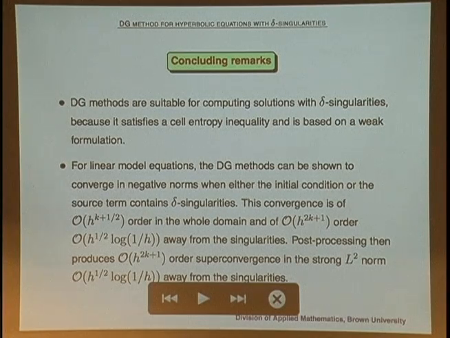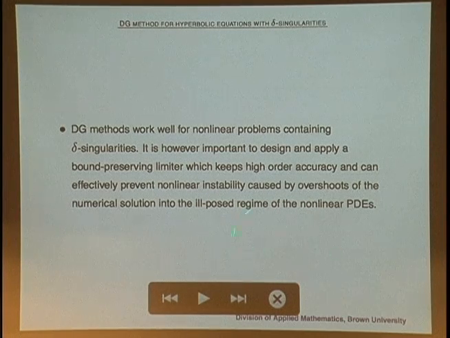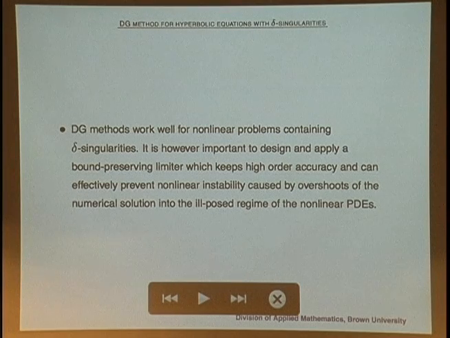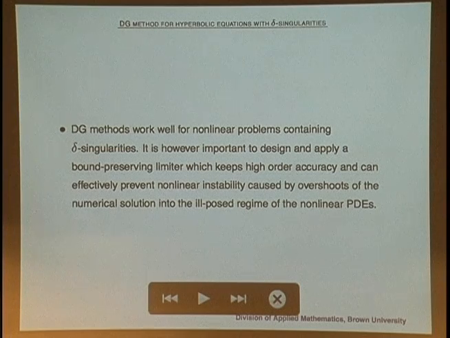Theoretically, at least for simple linear PDEs, you actually have high order convergence, but you have to measure it in a negative norm. For the nonlinear case, you want a bound preserving limiter, so it's important to design and apply one. Together with DG, with the bound preserving limiter, you can compute problems with delta singularities in a very nice way. Okay, with this I finish my talk, and I thank you for your attention.